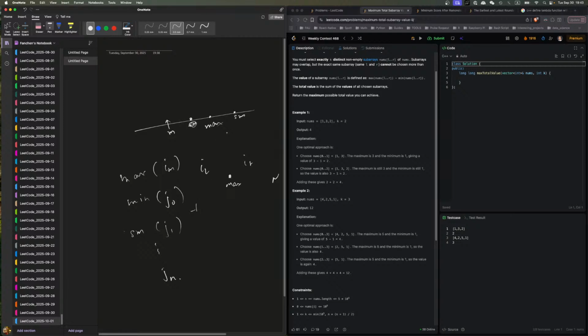We get it smaller until we cannot find any more, which I think is guaranteed, right? It's guaranteed I can get k. Yeah, we can always get k.